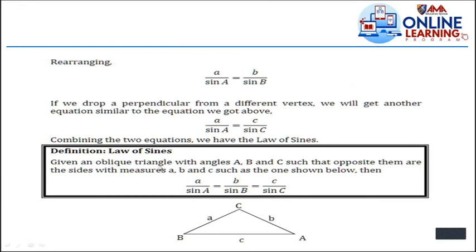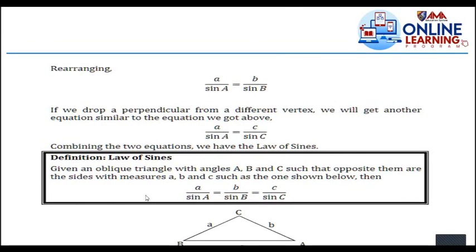Given an oblique triangle with angles A, B, and C, such that the sides opposite them have measures a, b, and c, such as the one shown below, this is your law of sines formula: side a over the sine of angle A is equal to side b over the sine of angle B is equal to side c over the sine of angle C. You can equate this to this, this to this, or this to this.